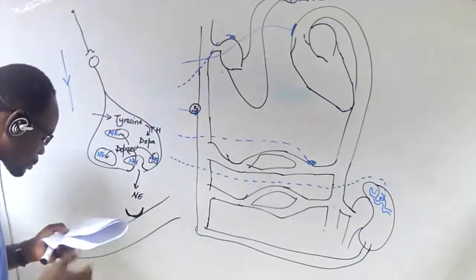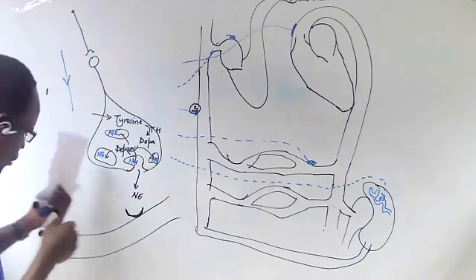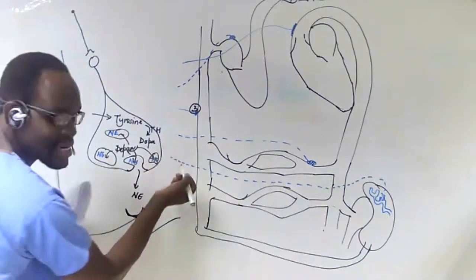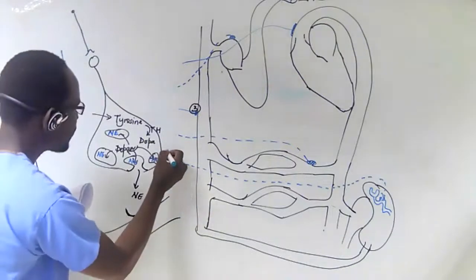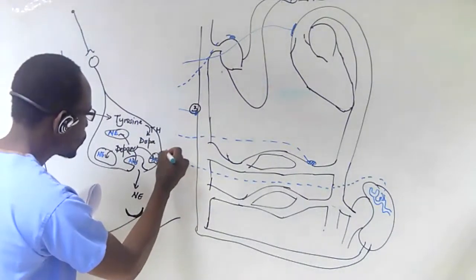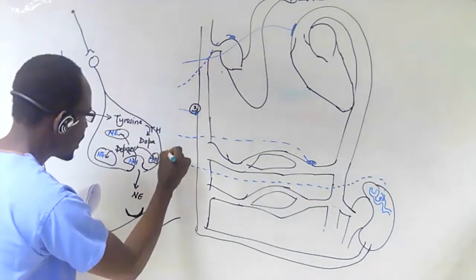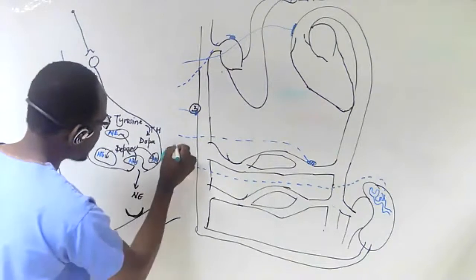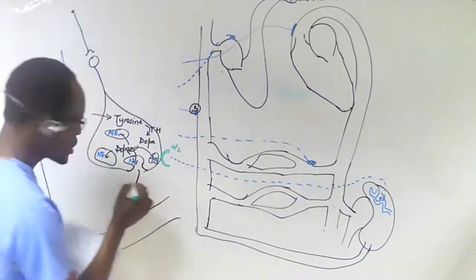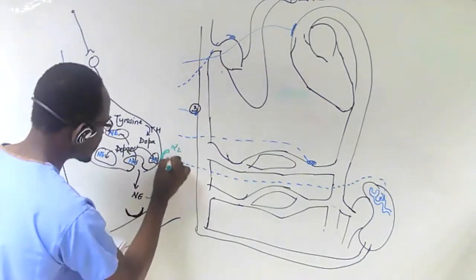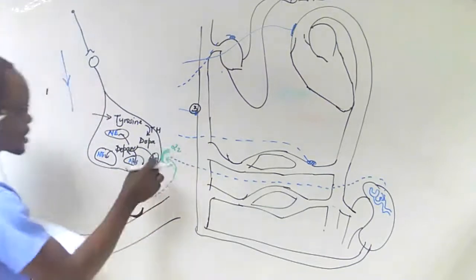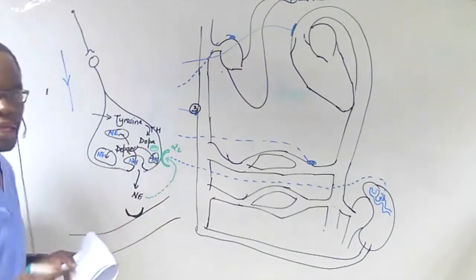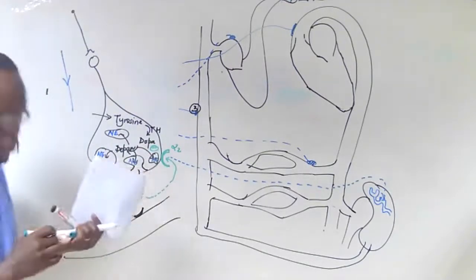Remember we also have alpha 2 receptors that cause the negative feedback mechanism. When norepinephrine stimulates this alpha 2 receptor, it causes negative feedback to stop release of norepinephrine.